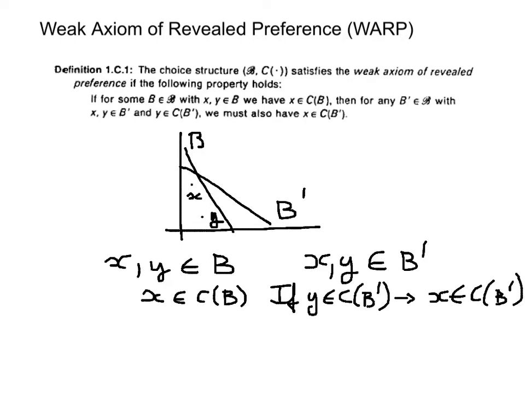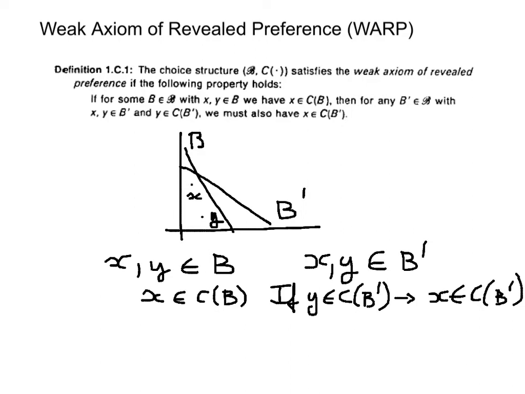Now you'll note here that WARP might be met regarding X if X is chosen in B prime, but there could still be a violation of WARP if we focus on Y. If Y is not chosen in B the first time, we would actually have a violation of WARP.